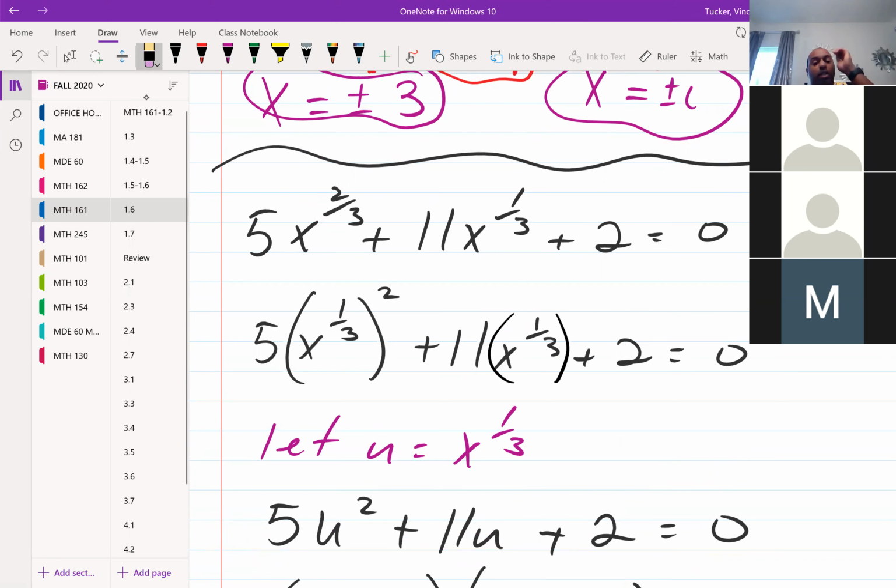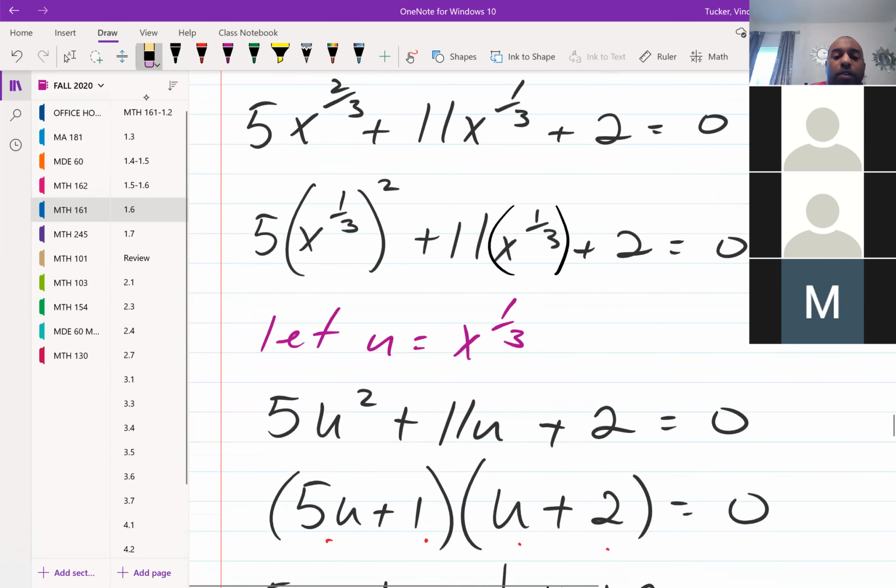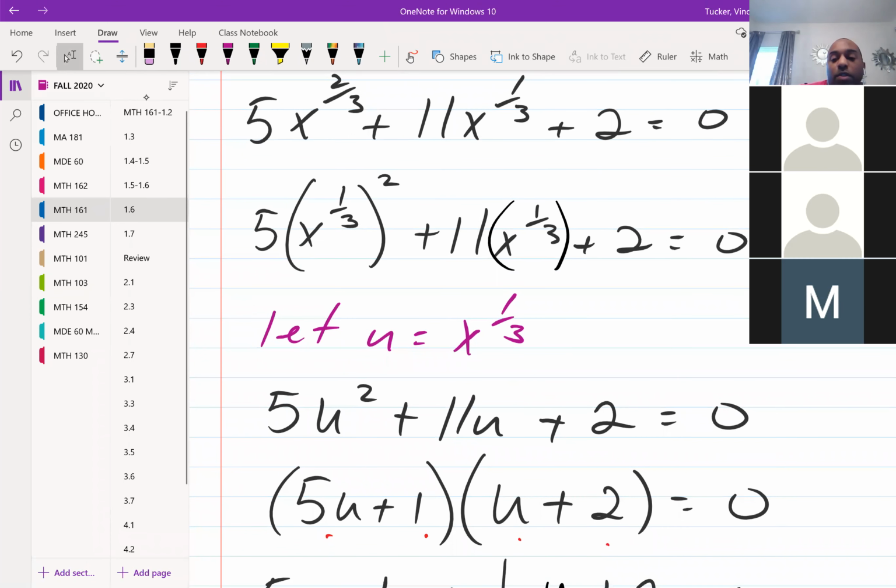So now we have 5u squared plus 11u plus 2 equal to 0. Once again, I decided to factor: 5u plus 1, u plus 2.